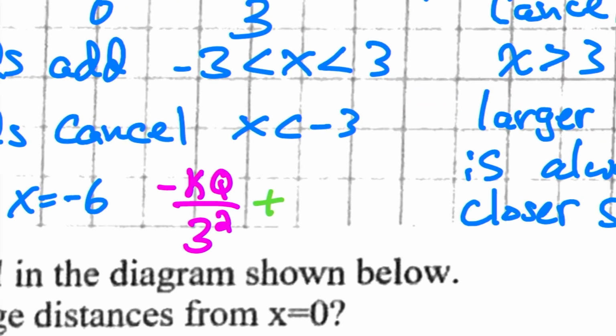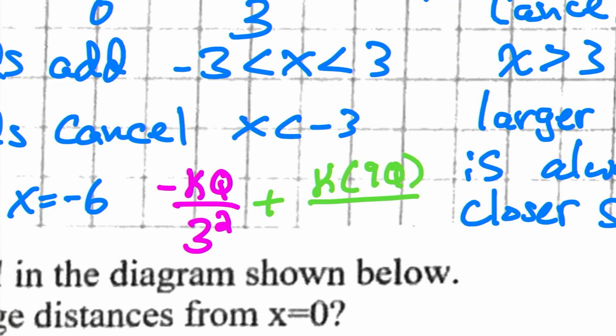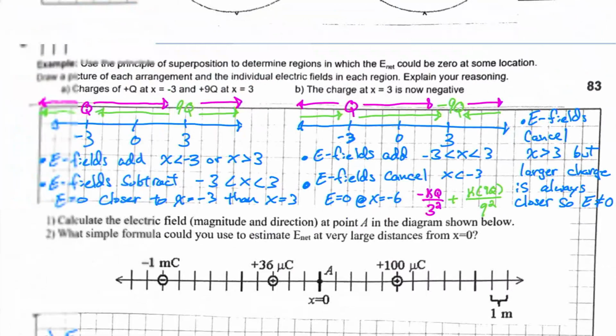So for the 9Q charge, we'd have K times 9Q over 9 squared. And if you think about what these will simplify to, this is basically KQ over 9, and this is 9KQ over 81, and 9 over 81 reduces to 1/9, so they will cancel out and we'll get 0 field.